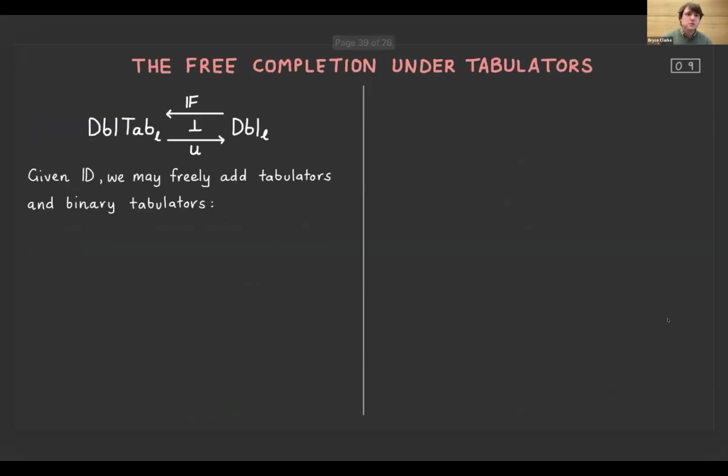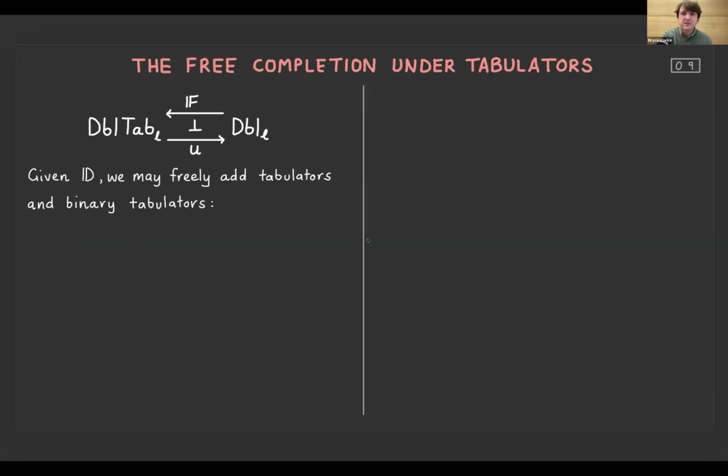And so here is, I guess, the thing that I claimed in the title of the talk existed. And I sort of lied a bit, right? Because I said it was the free completion under tabulators, but what I really mean is freely completing under tabulators and binary tabulators. We need both of these things. We need the binary tabulators to get composites working in a nice way. Okay, and I mean, I don't even need to really show you this slide, right?